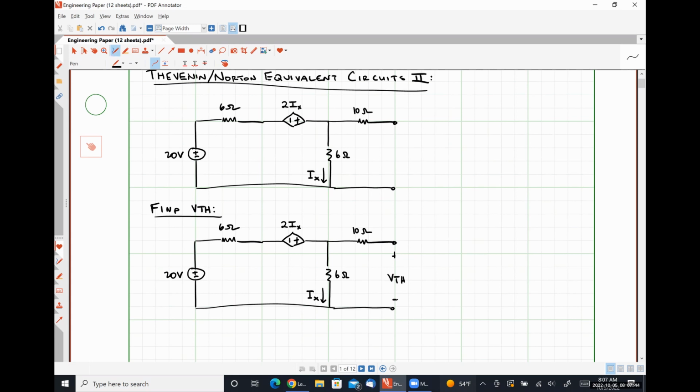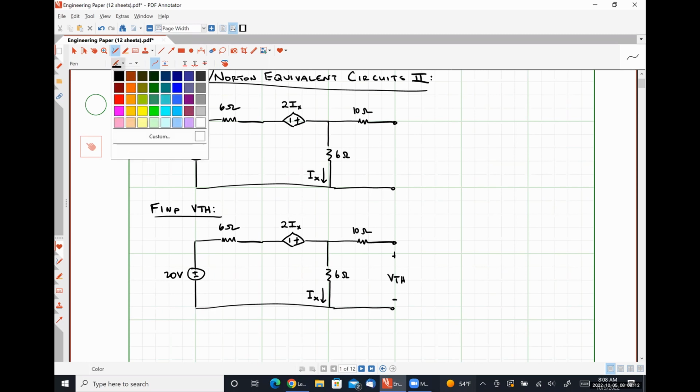Now, how we go about finding this particular voltage is entirely up to us. But there are a couple of simple observations that we can make here that would arguably make things a little bit easier. So the first observation is that the current through the 10-ohm resistor is equal to what? Zero. The current through the 10-ohm resistor is 0 because the 10-ohm resistor is not part of a closed current carrying loop.